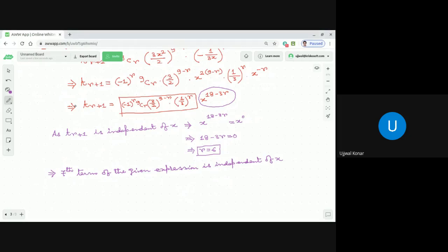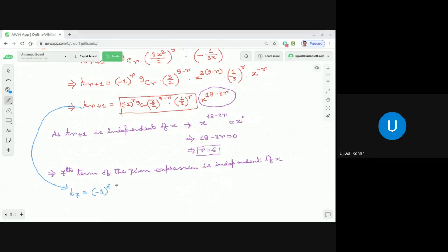What is that T7? Let me use a different color. So from here, you can find the value of T7 also. What is T7 then? That is (−1)^6, correct or not? Into what is there in the box, which is the value we are going to compute.